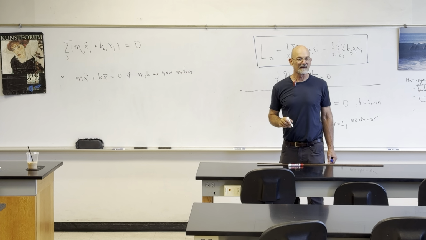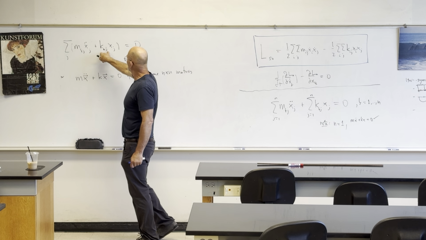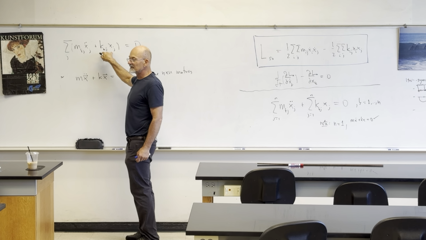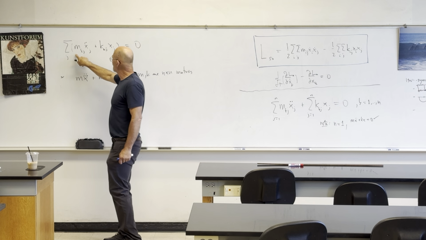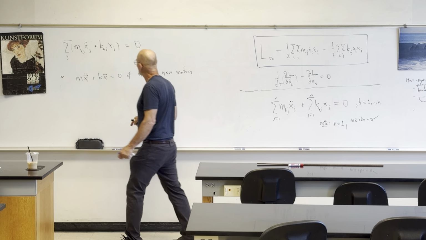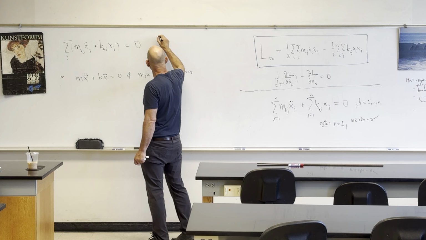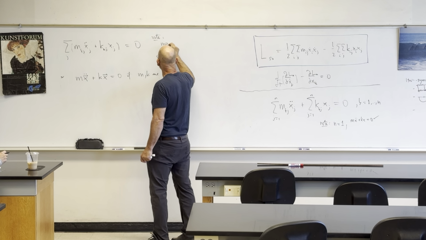You recognize that as row times column? This would be a row times a column for K times X, and this would be a row times a column for M X double dot. So I'll put here as a note, I want to recognize the matrix multiplication here.